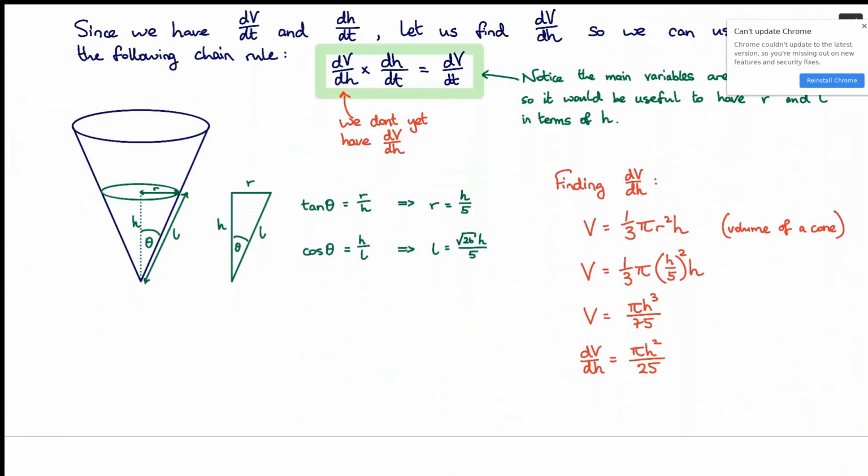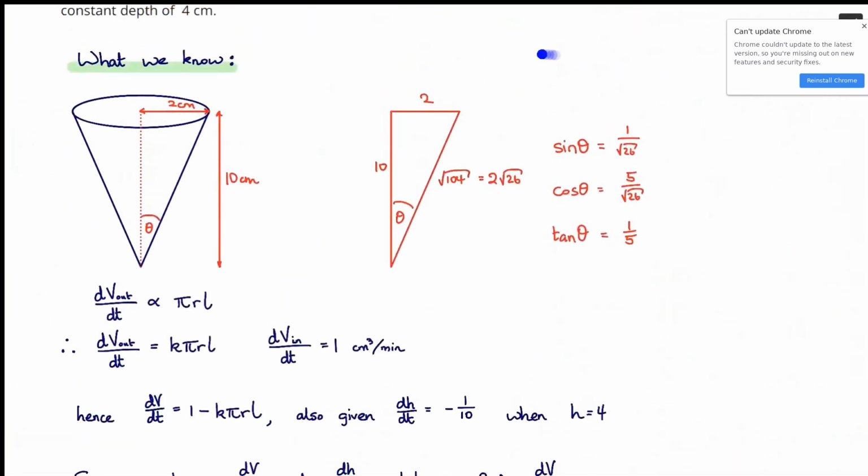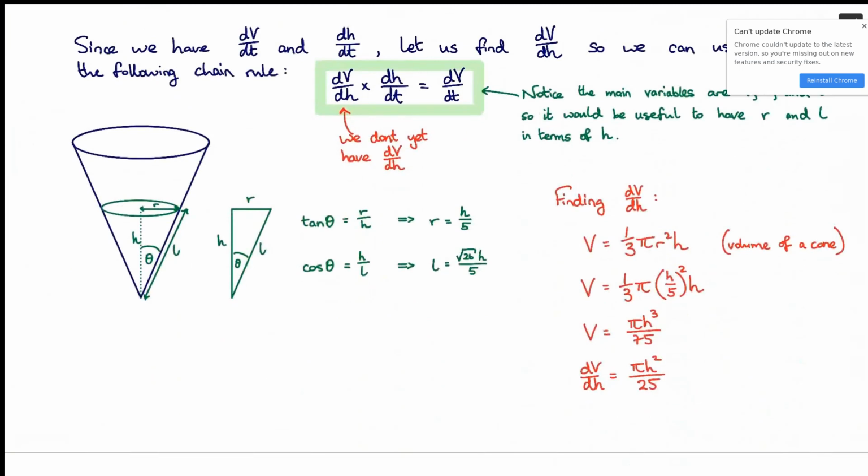So our h, r, and l are closely linked together. Using trig ratios again, I've found that r is h over 5, and l is root 26 h over 5. That's using the fact that we know tan and cos from the original shape of the cone, related to that angle. This angle is not going to change, so that's why I've used that.